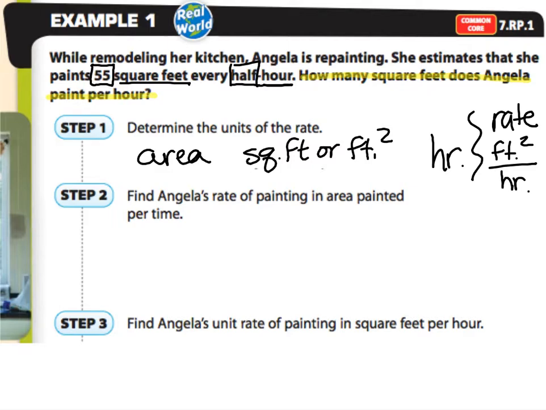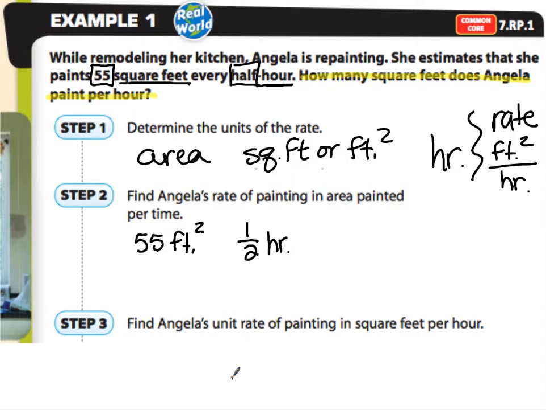Okay, so second, we're going to find Angela's rate of painting in area painted per time. So what we're going to do first is write down what we know, which is what step 2 is saying. What we know is that the area painted is 55 square feet, and that she did that in half an hour.